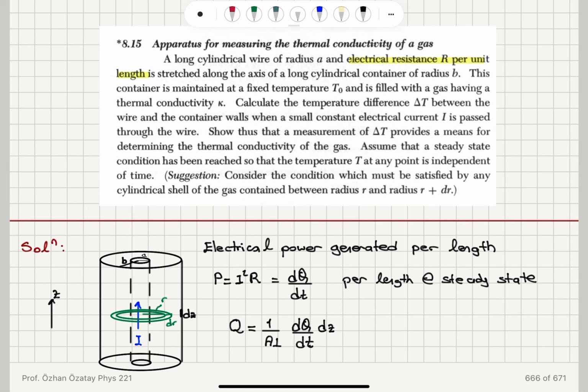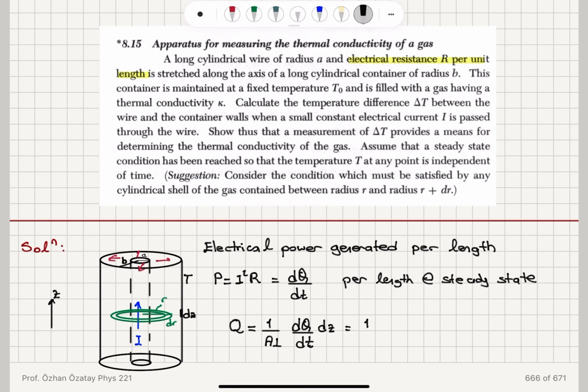It's going to be equal to 2 pi r multiplied by dz. So that will be the side surface of the cylindrical region. That will give us the side area. So this will be the perpendicular area for the heat flowing outwards. So heat is flowing in the radially outward direction, as you can see here.